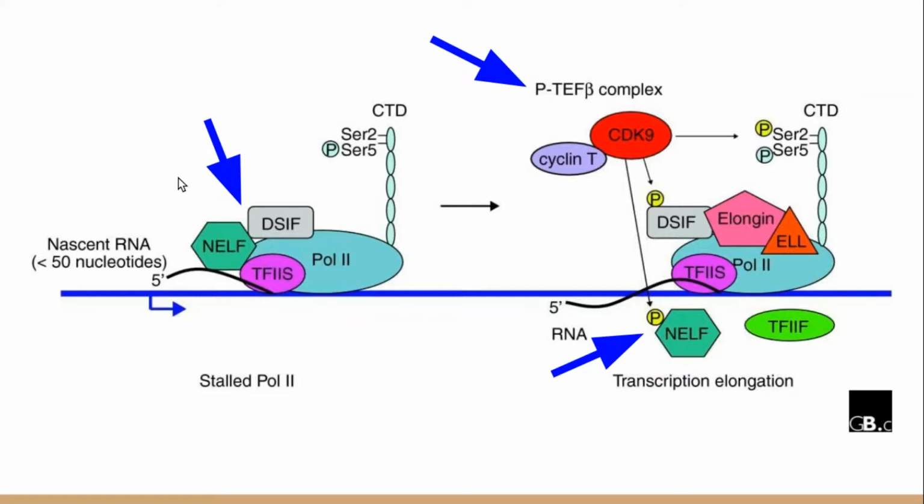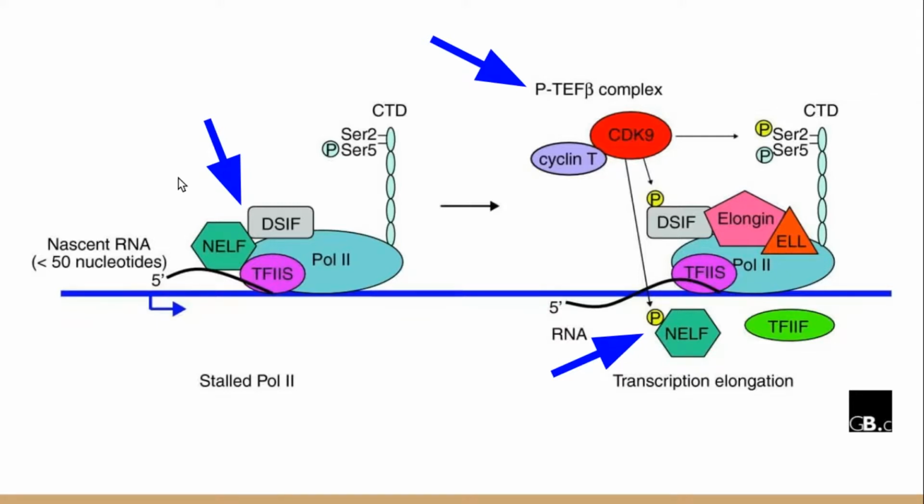And the final step in transcription is termination. I don't have a slide for termination since I couldn't seem to find a single agreed upon model. But what I've gathered is that there exists a termination sequence that is ill-defined, but it binds to an exonuclease called XRN2.